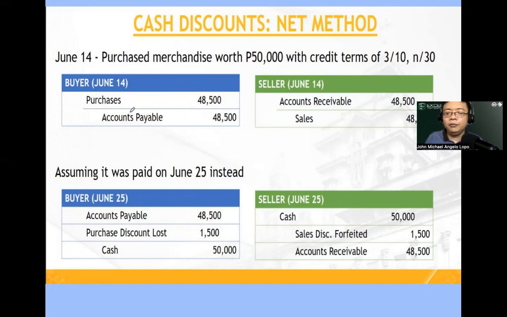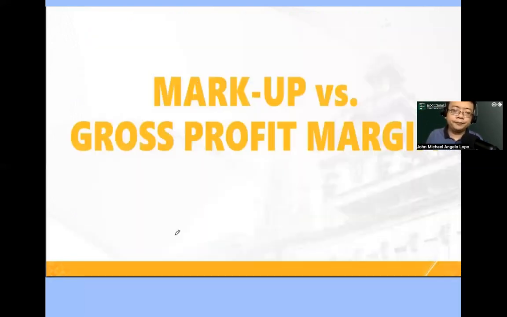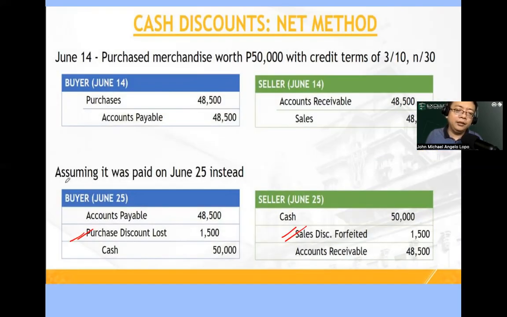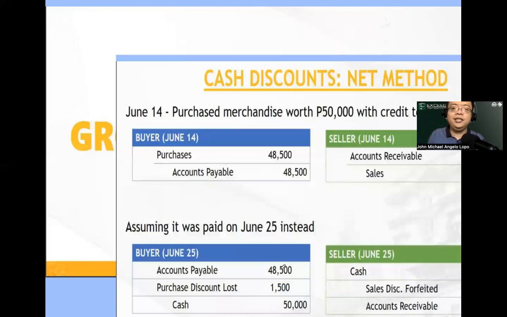So napakadali, class, no? Ito ang bago ngayon: sales discount forfeited, purchase discount lost. Sorry, on the part of the buyer. Pero on the part of the seller, okay lang.